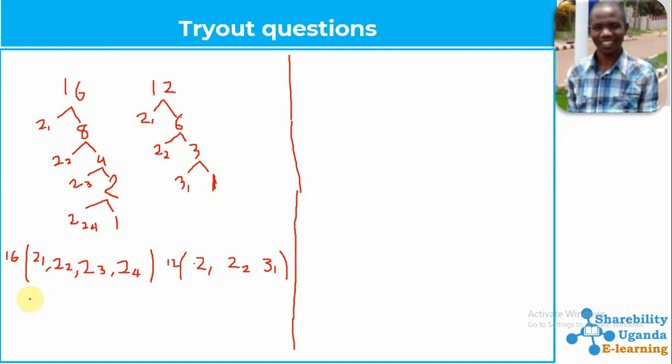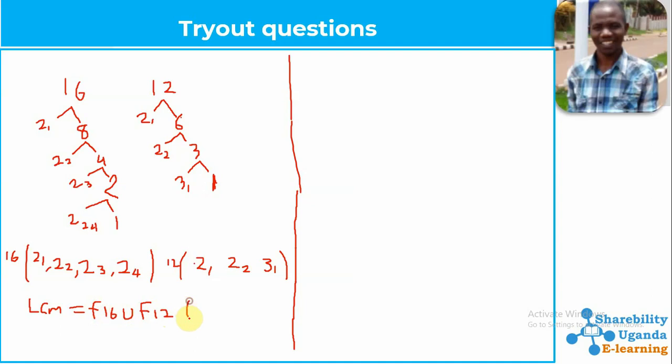Okay, so now let's look at how we find the LCM. We said for us to be able to find the LCM, our LCM here is going to be equal to the prime factors of 16, then union the prime factors of 12, okay.